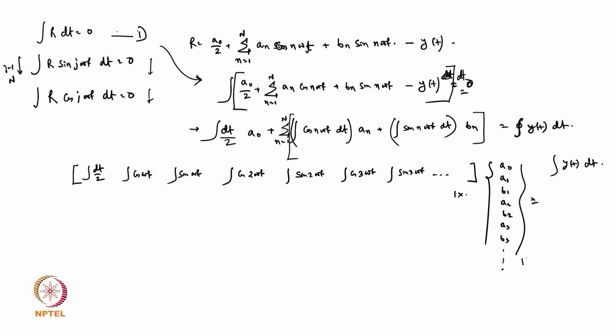This is 1 cross 2n plus 1, and this is 2n plus 1 cross 1, so you will get 1 cross 1. It is required now to understand how the other integrations will happen, because this is not the only expression. We have other 2n equations.